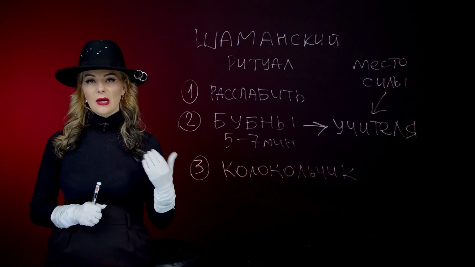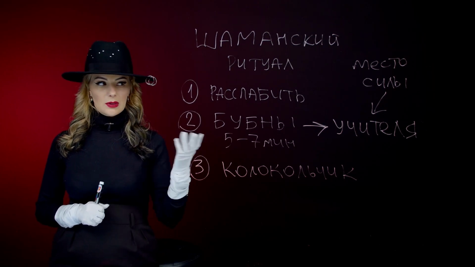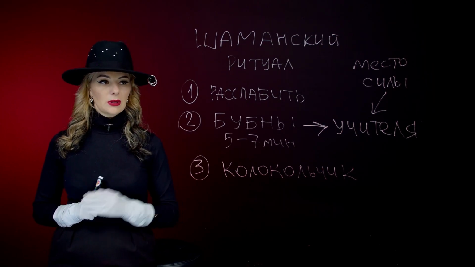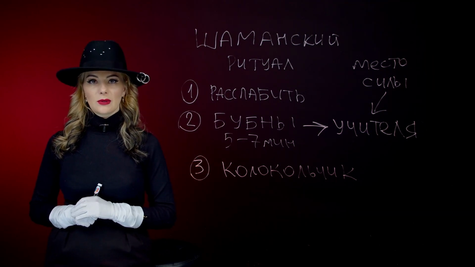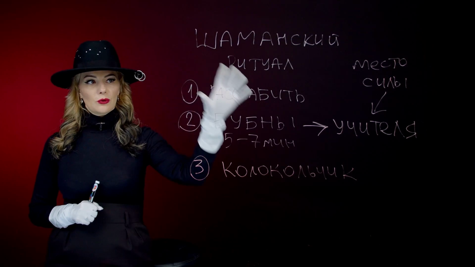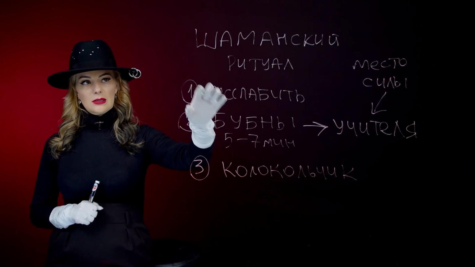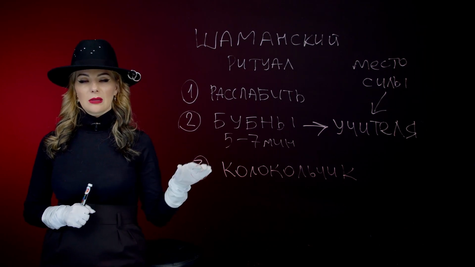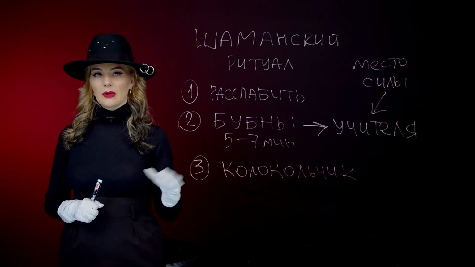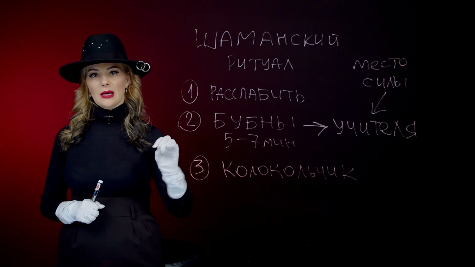Because when he goes off to find a teacher in a place of power to shamanic tambourines, he does it on his own. You're not chaperoning. You explained everything to him, relaxed him, turned on the tambourines, and that's it. And for those 5 to 7 minutes, you're just right there. All of the work is done by the person on their own.